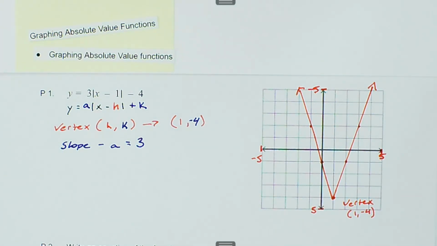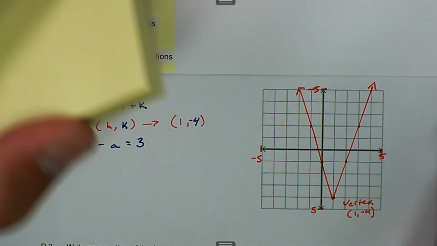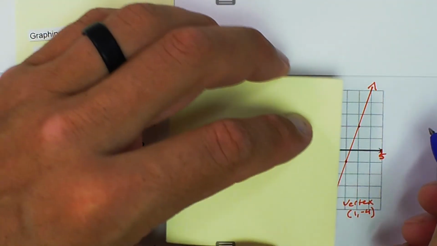And then our axis of symmetry, basically if we graphed the right side, we could flip it over. The axis of symmetry is going to be at x equals 1.